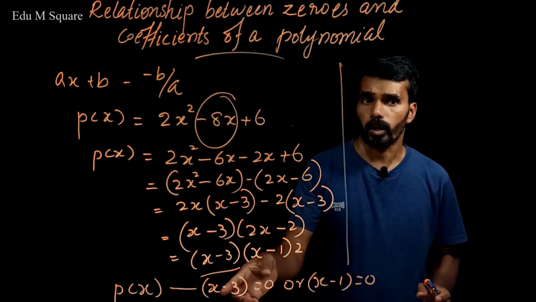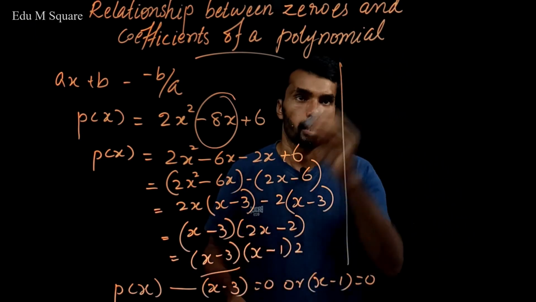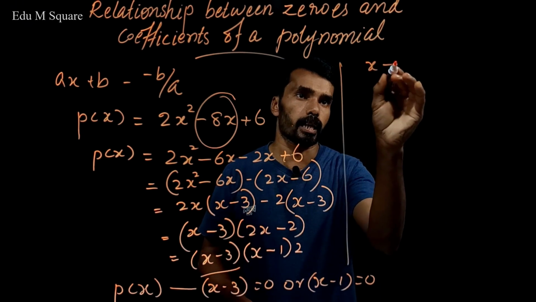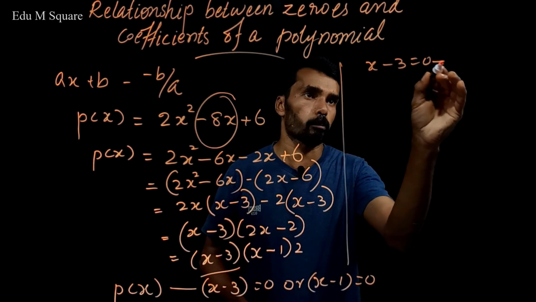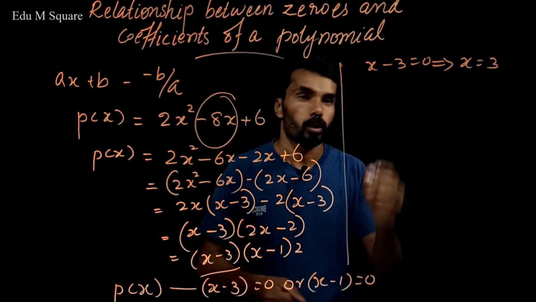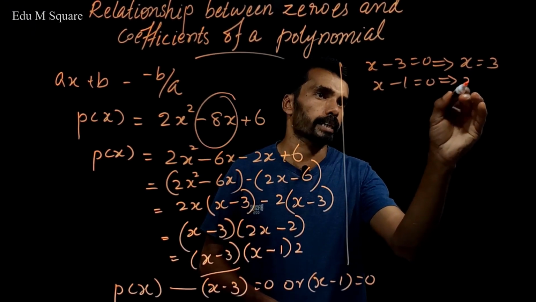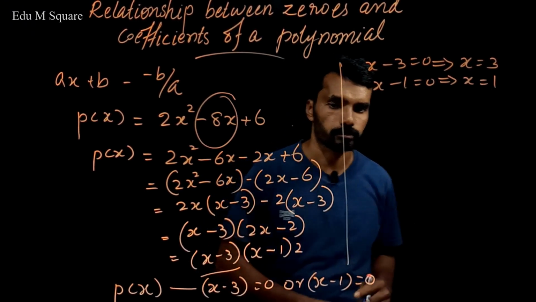Now x minus 3 is equal to 0 implies x is equal to 3. And x minus 1 is equal to 0 implies x is equal to 1.